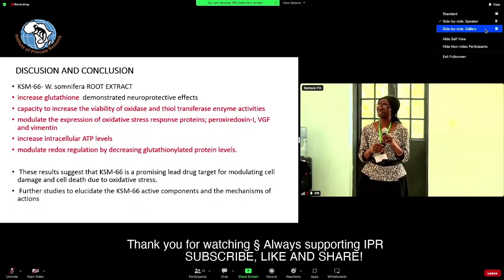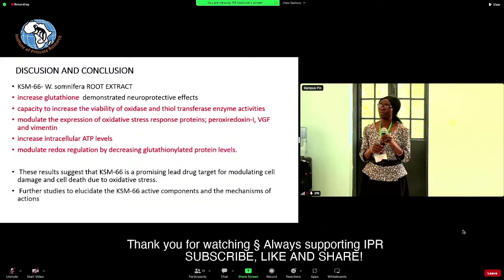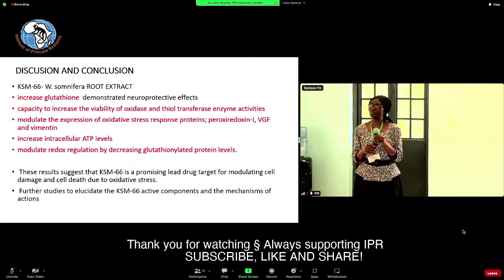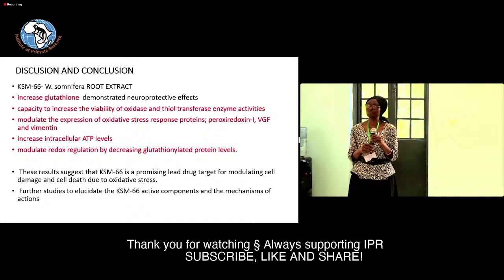activities. It was also able to modulate the expression of oxidative stress in these cells. They were able to demonstrate that by measuring the levels of specific stress response proteins.